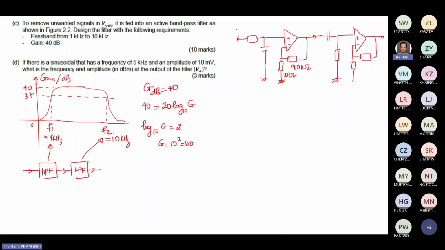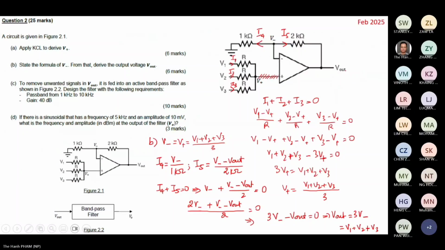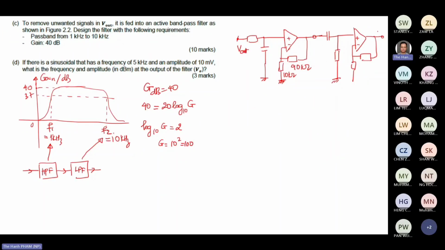Then for this one, you have another. This one is V0, for example 90K. This one is 10K.